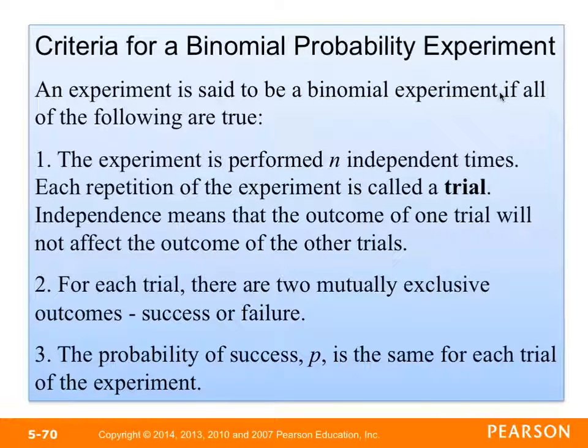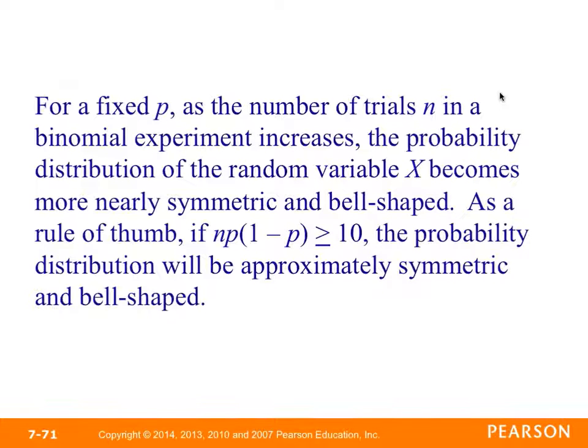The experiment is performed n independent times. Each repetition is called a trial, and independence means that the outcome of one trial has no effect on the outcome of the other. For each trial, there are two mutually exclusive outcomes, either success or failure. And thirdly, the probability of success p is the same for each trial of the experiment. So those are the criteria that need to be met in order to have a binomial probability experiment.